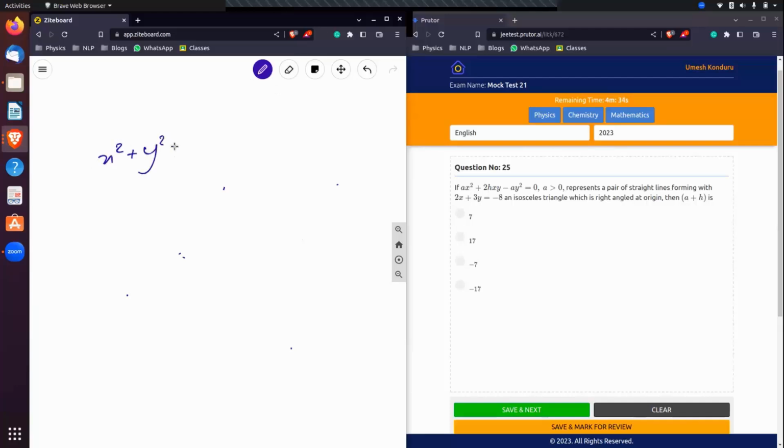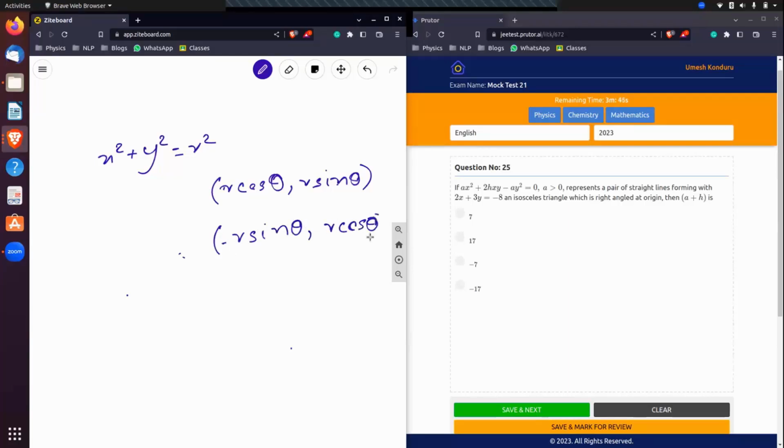So if we have this circle equation, then 2x plus 3y plus 8 is a chord that subtends the right angle at the origin. Here it's just the points to be r cos theta, r sin theta, and for theta plus pi by 2, it's going to be minus r sin theta.